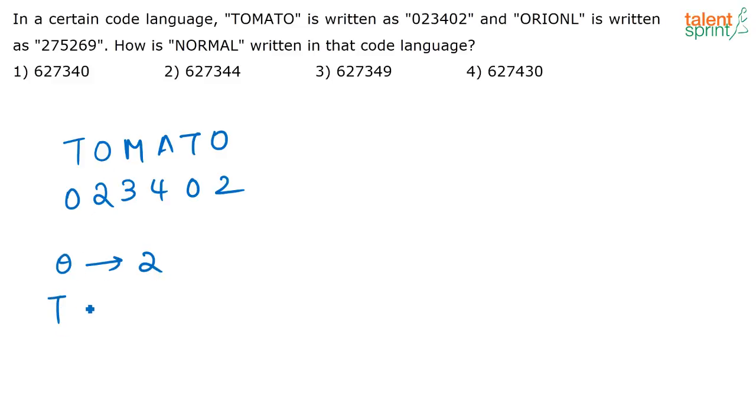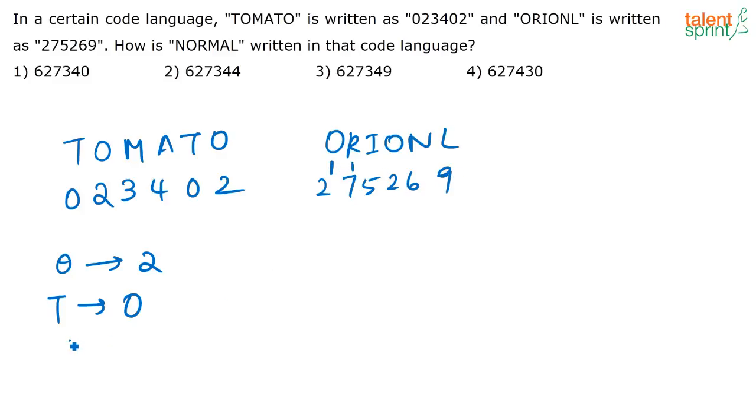Similarly, T is coded as 0 and so on. Now, similarly, ORIONL is coded as 275269. So here also O is coded as 2, R is coded as 7, correct? So you just have to look at how normal will be coded.